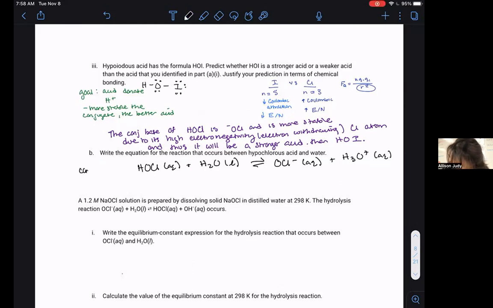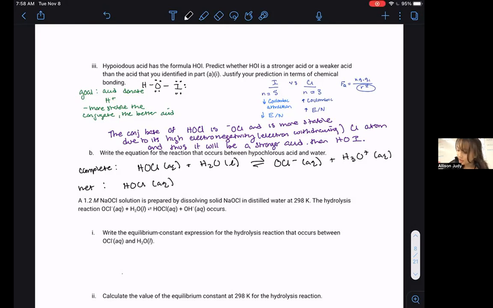So I'm going to say complete. If you wanted to, or were asked to write the net, this would be what the net would look like. It would just be HOCl aqueous, only including the relevant compounds, isolating it to the compounds of focus.